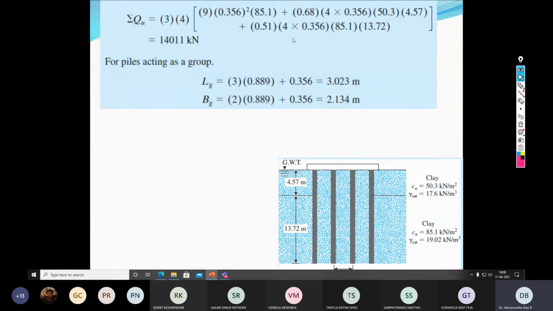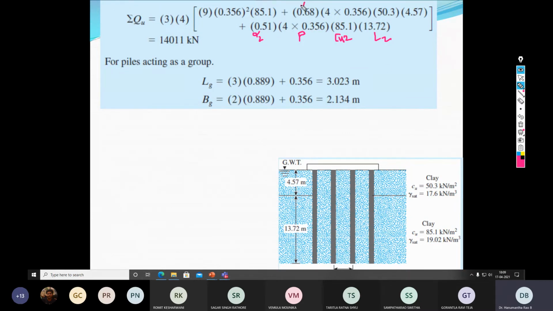And similarly for the second layer, alpha 2 into perimeter P into Cu2, that is cohesion of second layer, and this is length L2.